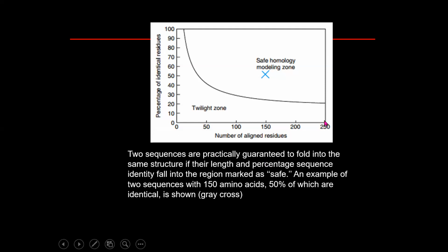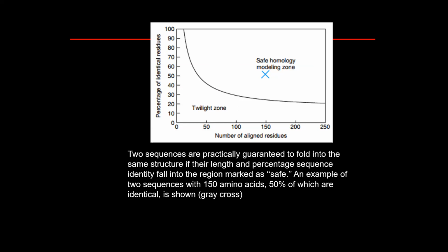If you are aligning two sequences, suppose I align 150 amino acids and compare these 150 residues with another set of sequence, and even if I find only 40% similarity, then I can use the 3D structure of that protein as a homology model for my target protein.